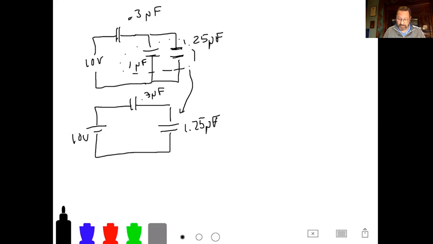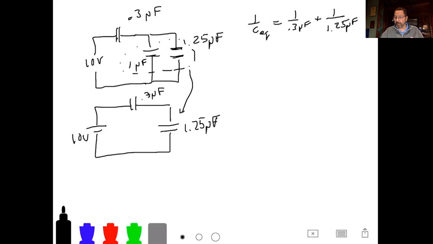Now I've got 2 capacitors which are in series with each other. If I want to find the overall equivalent capacitance, 1 over that equivalent would be 1 over 0.3 microfarad plus 1 over 1.25 microfarad. Be careful when you do this on your calculator.